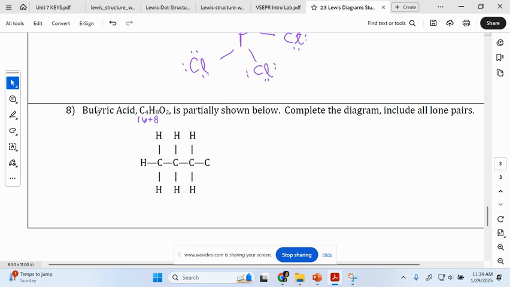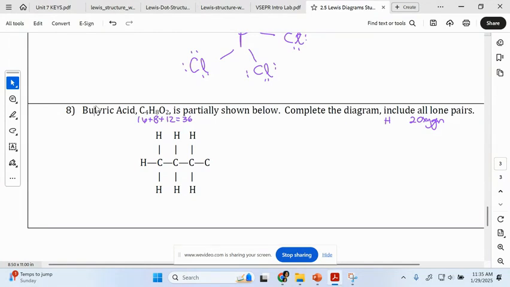So I'm going to end up with 8 electrons after hydrogen, and I need to complete this drawing with another hydrogen. My oxygens, neither one of them are on there, so I'm going to have to place 2 oxygens on here as well. Okay, so the oxygens are going to bring 12 electrons to the party for a total of 36.